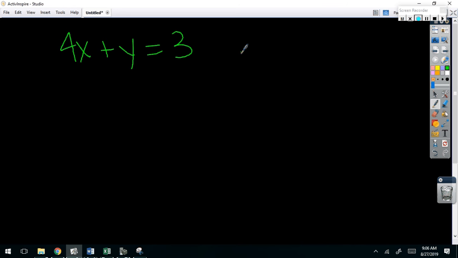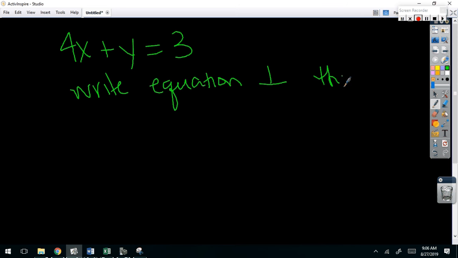I want you to write an equation that is perpendicular to that and through a point. 3, negative 5. Here, what's the problem? I don't know where the slope is right now. Why don't I know where the slope is?